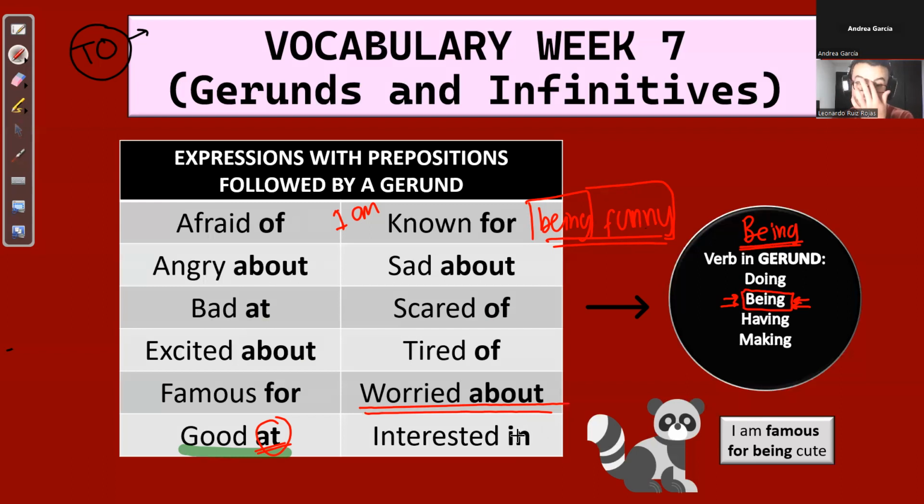Good, excellent. But I can say also, for example, what is something that you were worried about in the past? It's still with the verb to be, but in the past. Because here we have the verb to be, but it can be conjugated in any tense. So when you were a little kid, Andre, what were you worried about?